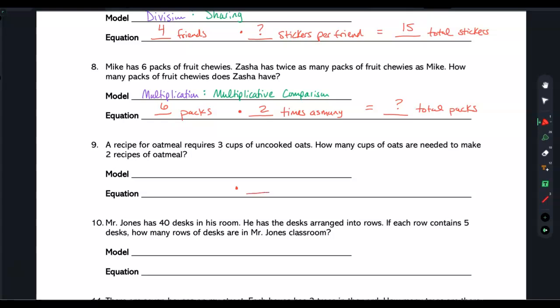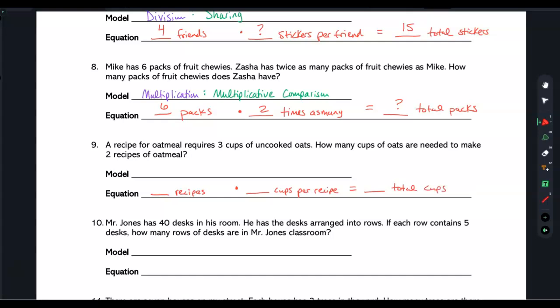In this case, cups per recipe makes sense. Which means that the first number would have to be the total number of recipes, and what it's equal to would have to be the total number of cups.